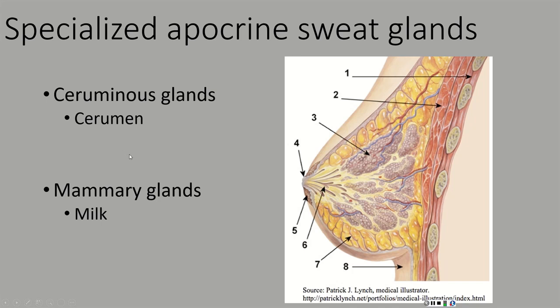Another very modified sweat gland is called a mammary gland. Mammary glands are found inside the breasts. Now, mammary glands produce milk. Now, both males and females have mammary glands. It's just typically in females, they are much more developed and actively can produce milk with very little stimulus.